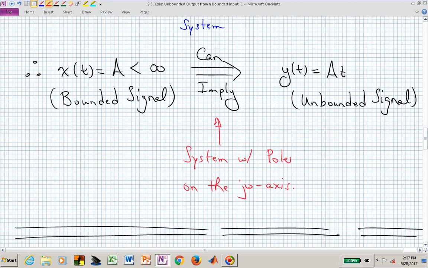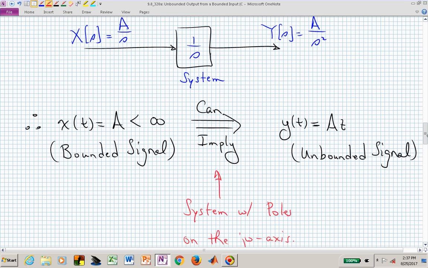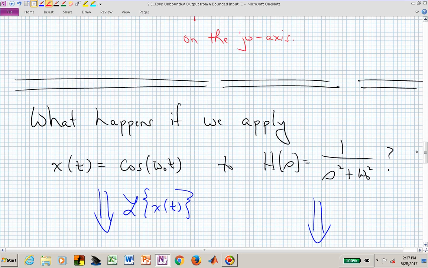That takes a specific input. If we put in a sinusoid and we integrated it, we're going to get a sinusoid out. It's not going to go unbounded. So let's look at that. Suppose now we apply a sinusoid, cosine omega naught t, to a system that has a transfer function 1 over s squared plus omega naught squared.